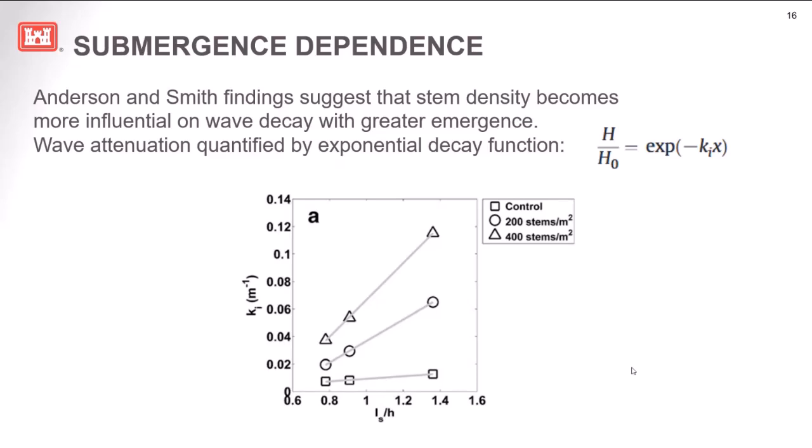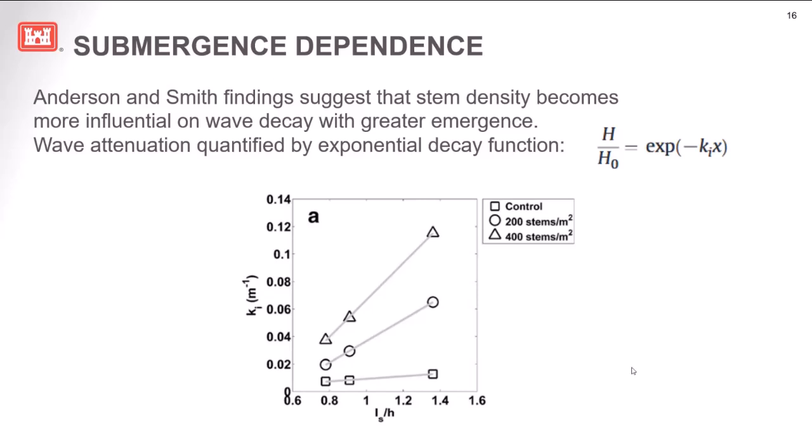K on the y-axis is the wave attenuation coefficient quantified by an exponential decay function. On the x-axis, Ls over H is the plant height over the water depth, where a value greater than 1 indicates emergent vegetation. The square points here are the control case with no vegetation.